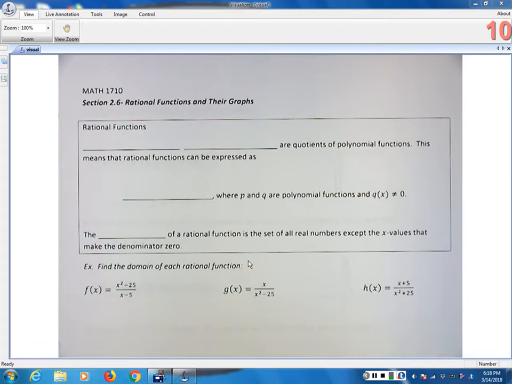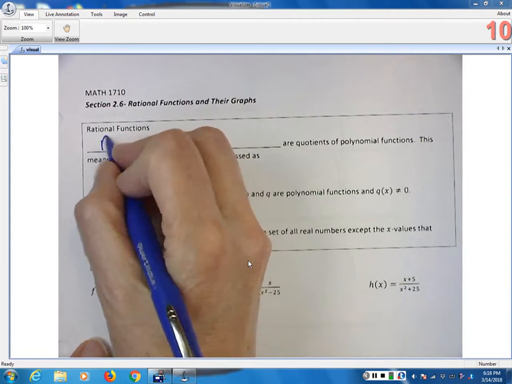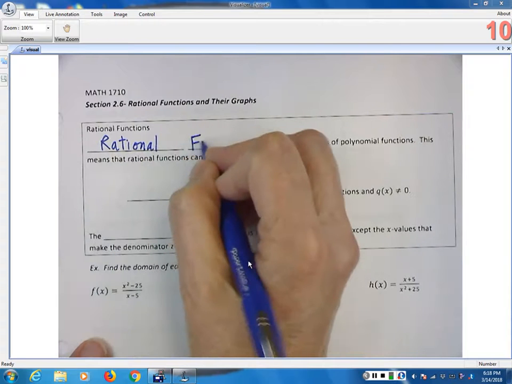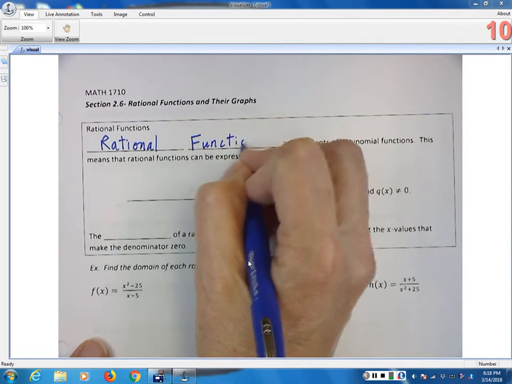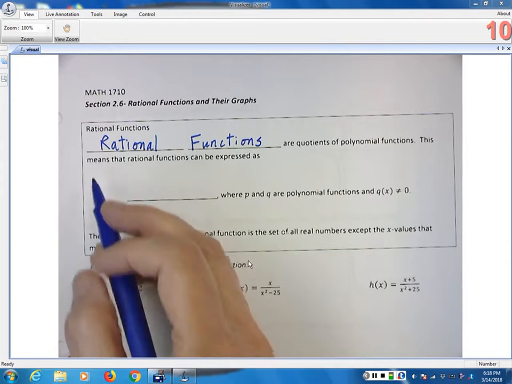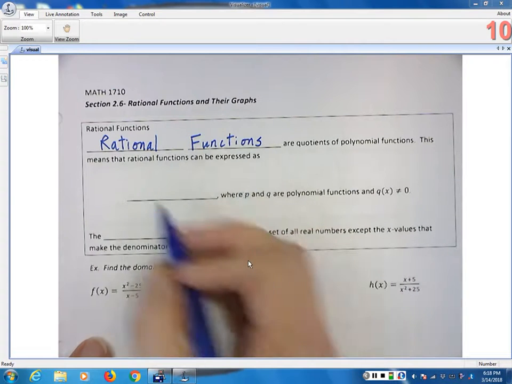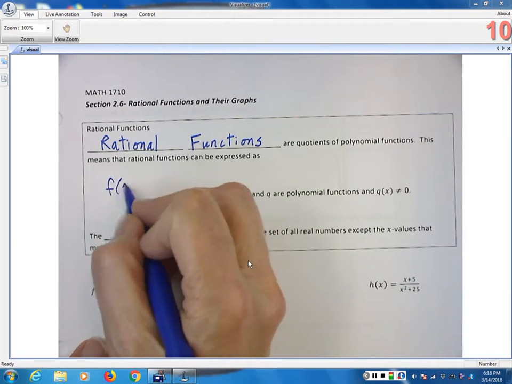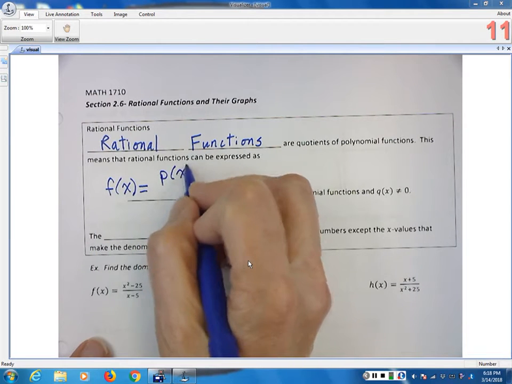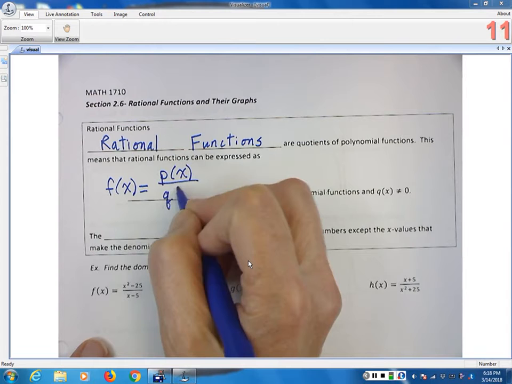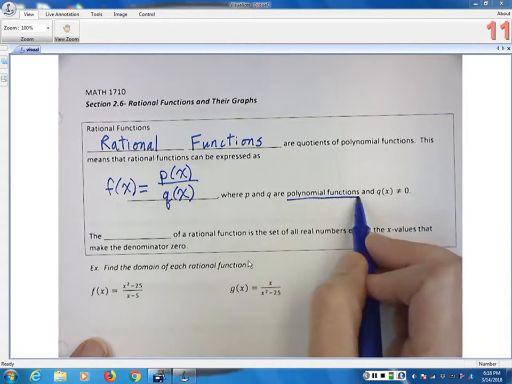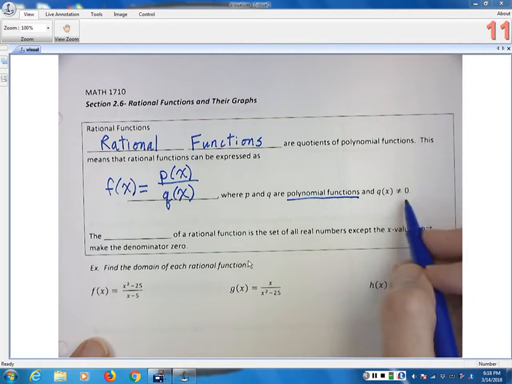All right. So rational functions are quotients of polynomial functions. This means that rational functions can be expressed as f of x equals a polynomial p of x divided by a polynomial q of x, where p and q are polynomial functions and q of x is not equal to 0.